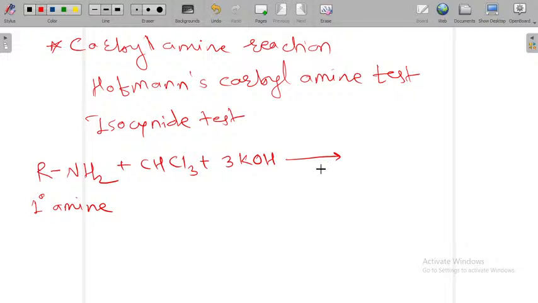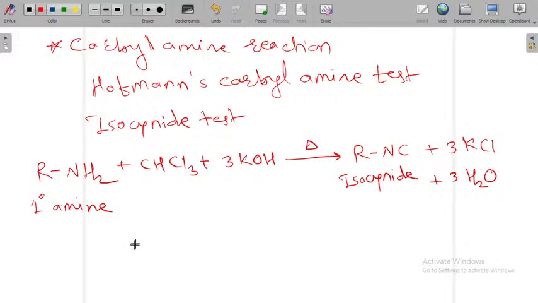On heating it produces isocyanide RNC plus 3KCl plus 3H2O molecules. If you want, please write down this reaction. We'll see the example.